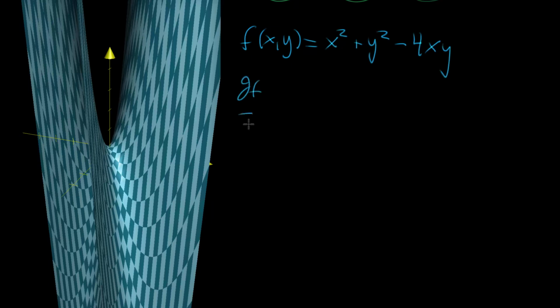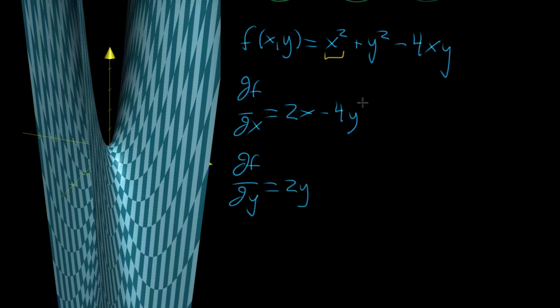So the partial with respect to x is equal to, when we differentiate this term, we get 2x, y looks like a constant, we do nothing, and then this last term looks like negative 4 times y, because y looks like a constant, so negative 4y. And when we do the partial derivative with respect to y, very similarly, we're going to get 2y when we differentiate y squared, and now we subtract 4x, because x looks like the constant and y looks like the variable.